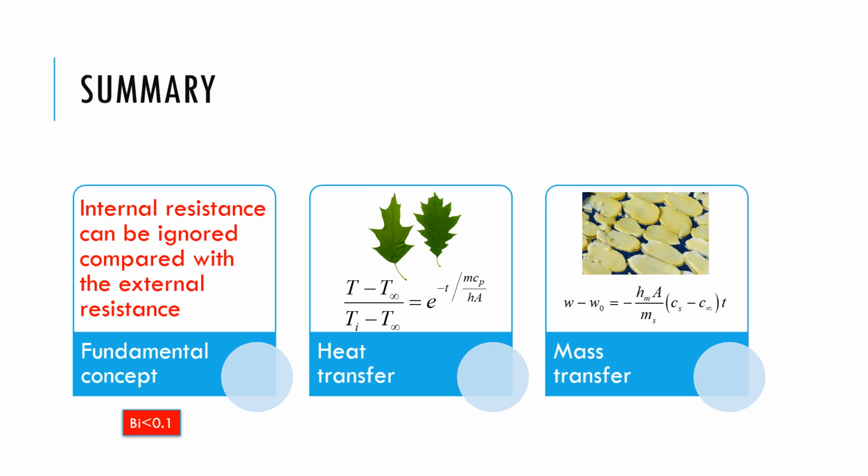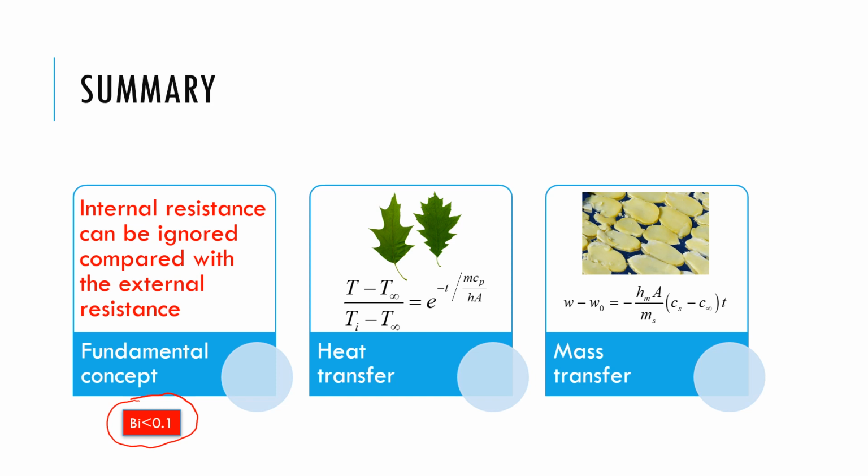Summarizing the module, internal resistance, which can be conductive or diffusive, can be ignored compared with external resistance, typically convective resistance, under certain conditions. And that condition would be given by what's called Biot number less than 0.1, that we will see in the next slide. But it's only under these special situations that we can ignore the internal resistance.